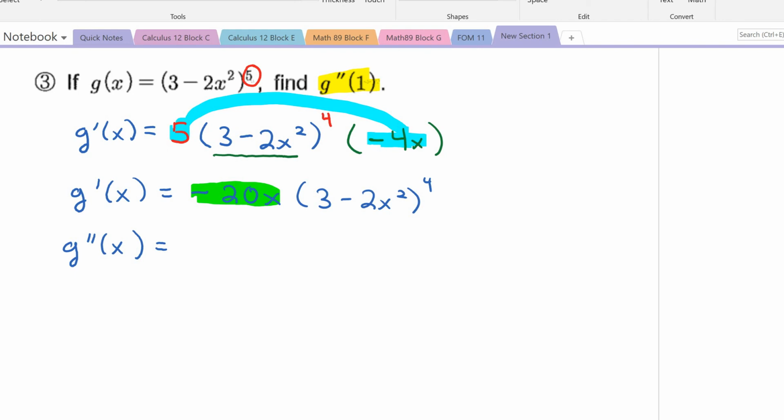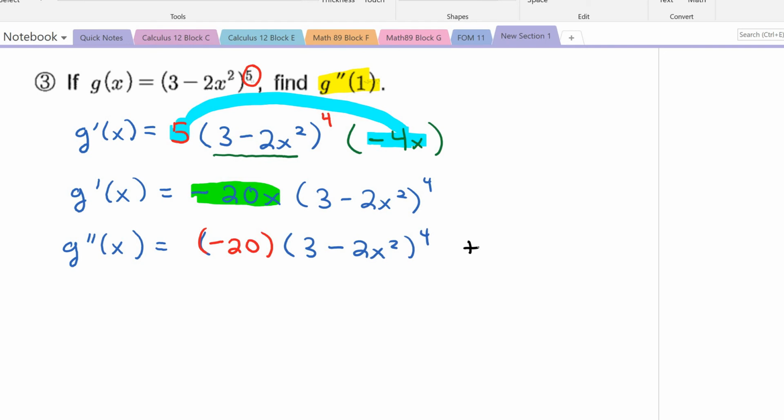So the derivative of that first term there in green is going to be negative 20, and I'll put this in red. Close the bracket, and then I just times it with the second term, which is 3 minus 2x squared to the power of 4. And then the product rule states that I need a plus sign.